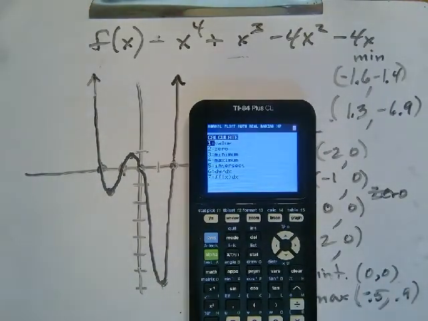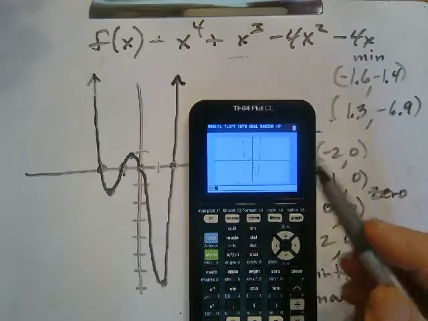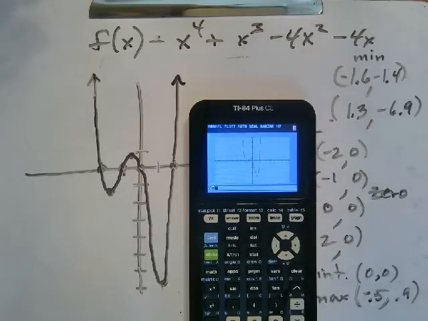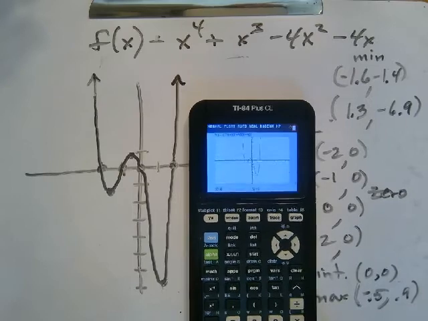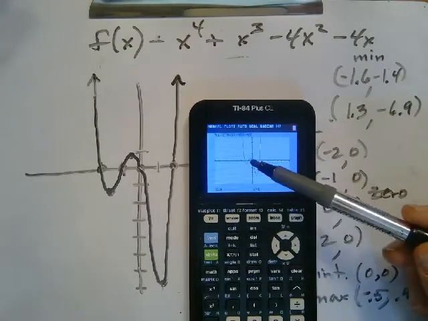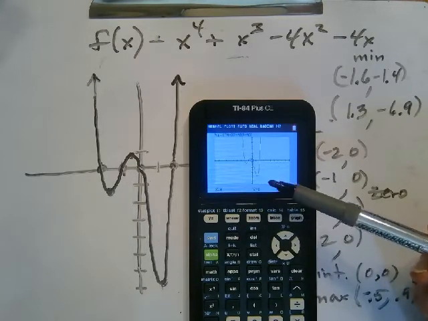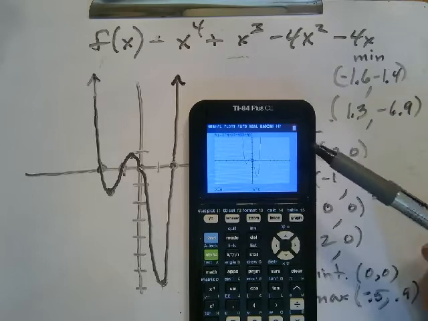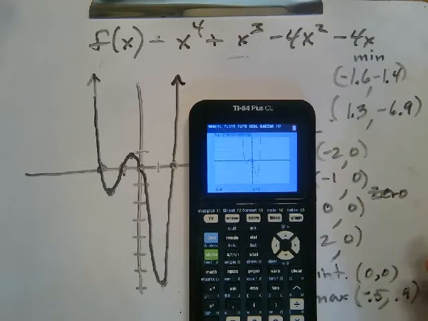If I let my x value be 0, that's where the y-intercept is, and it will kick out the y value. In this case, it was pretty obvious that it was at 0, 0. But if I needed to use that feature, I could use that to find the y-intercept.